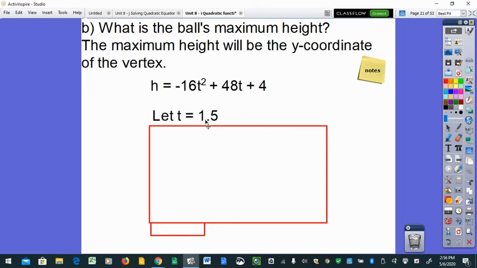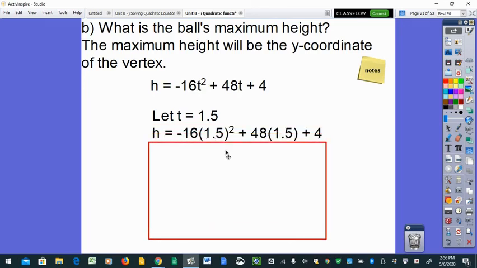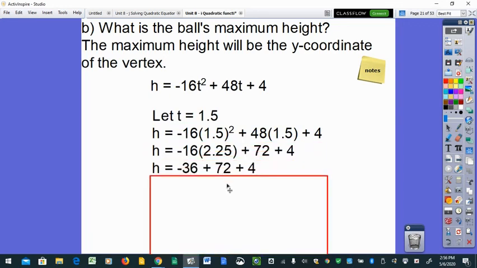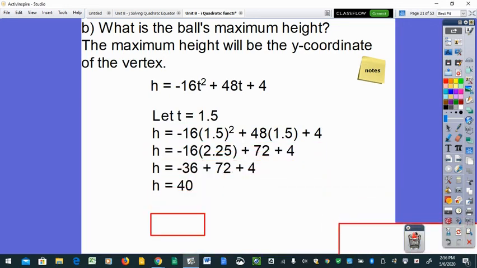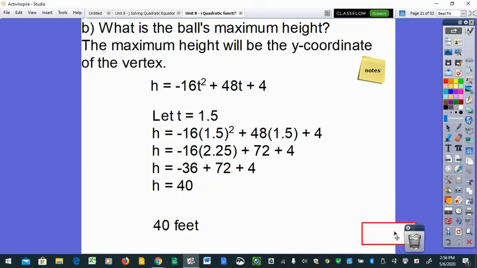So we're going to let t be that 1.5, which was the negative b over 2a, and we're going to substitute it in both t spots, and we're going to put this in the calculator. Once I put it in the calculator, you should have gotten that it is 40. 40 what? 40 represents height, and in this case, the units are feet. So after 1.5 seconds, with that upward velocity of 48 feet per second, the ball would be 40 feet in the air.